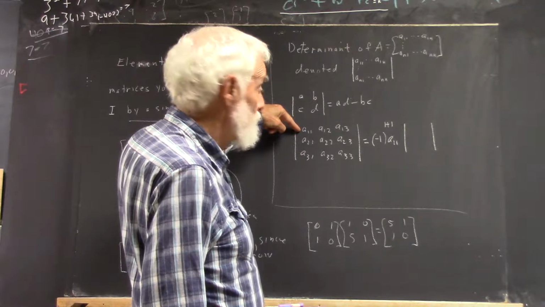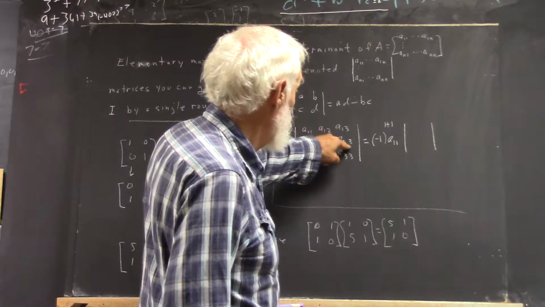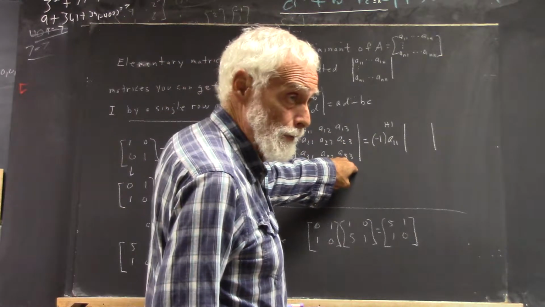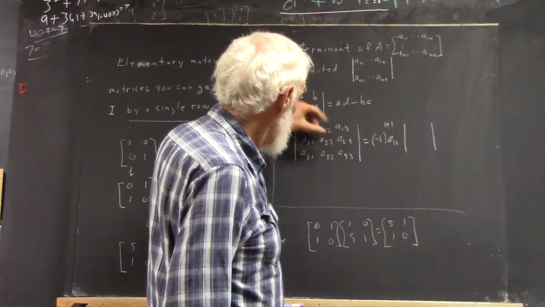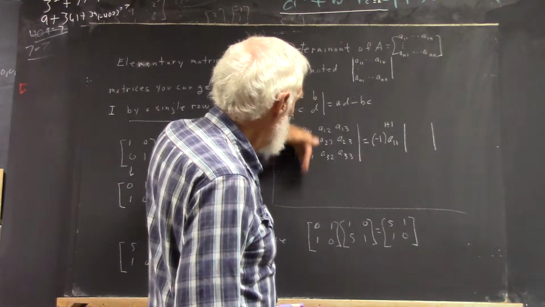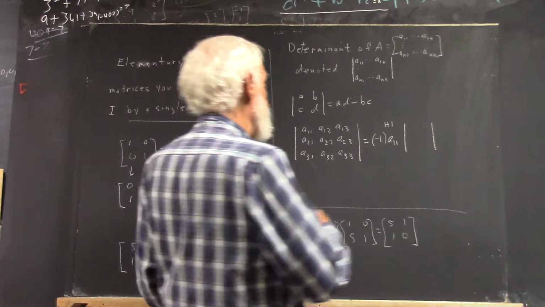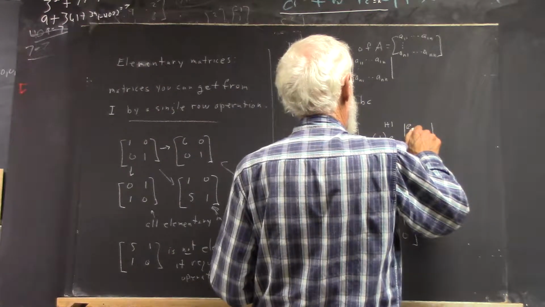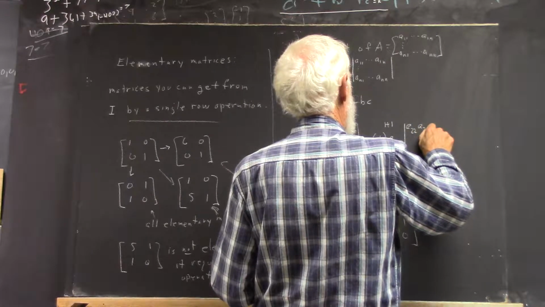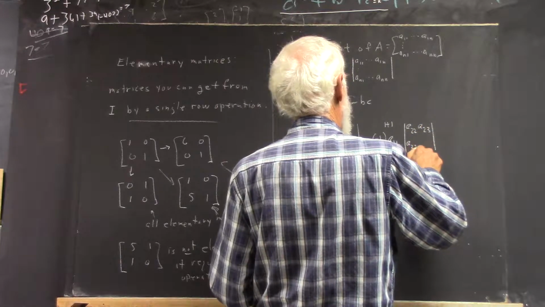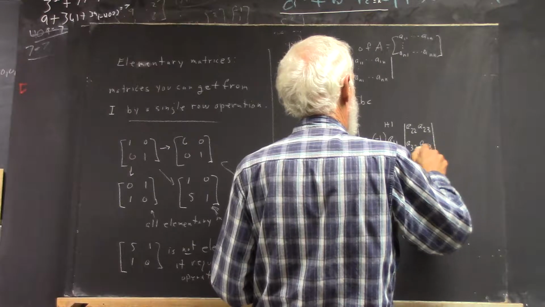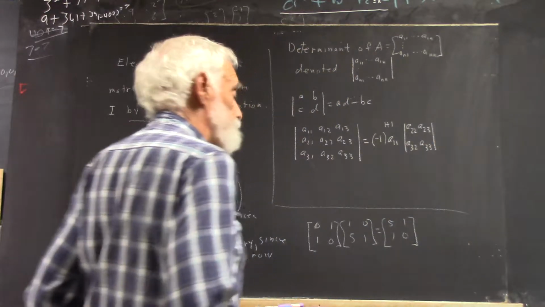And that would leave you A22, A23, A32, A33, right? So just this determinant, that if you wipe out this row, you wipe out this column, whatever's left, there it is. So that's this. Okay?